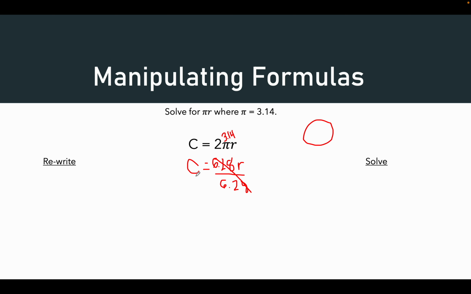And then, of course, if I divide on 6.28, I have to divide on that side. So I'm going to rewrite over here that C over 6.28 equals r.